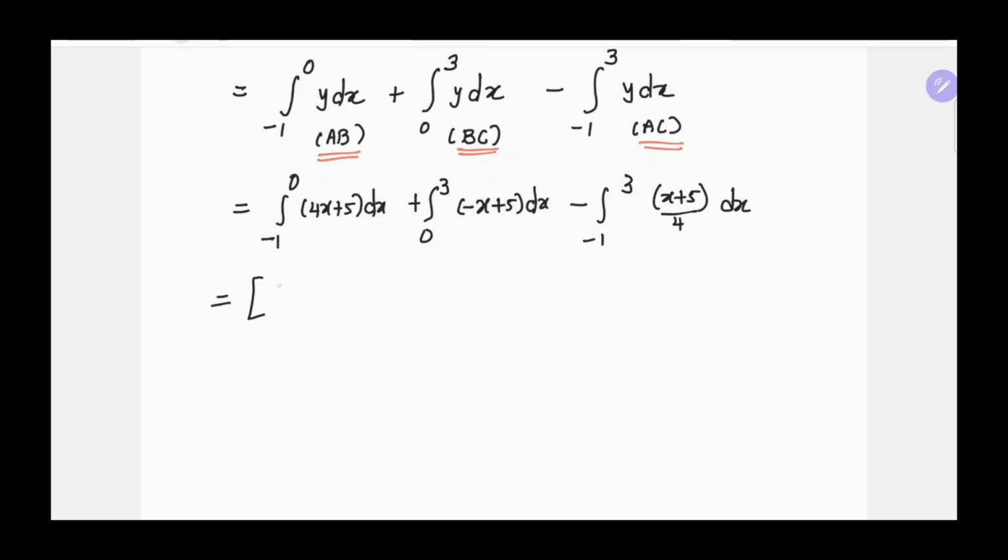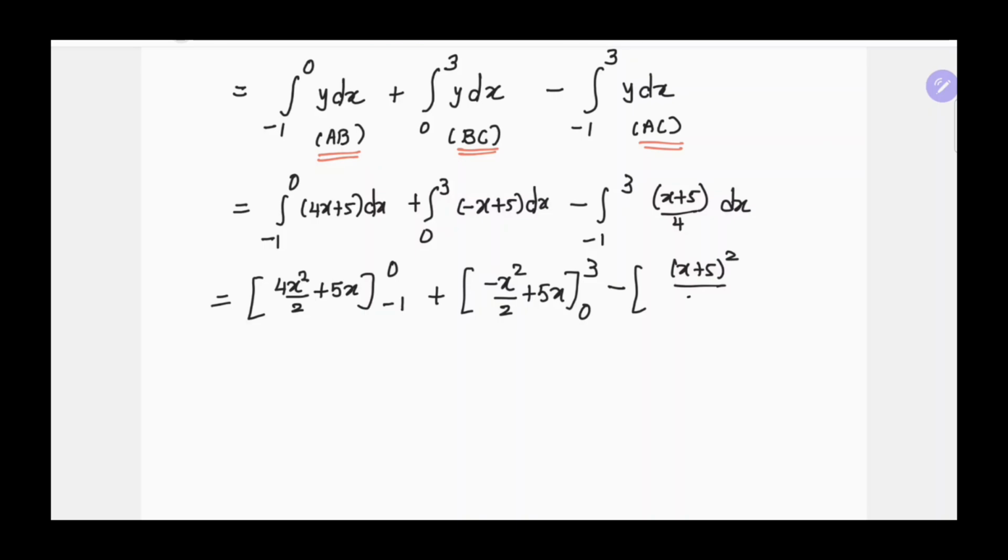So the integral of x is x square by 2, plus integration of 5 is 5x, from -1 to 0, minus x square by 2 plus 5x from 0 to 3, minus (x plus 5) whole square divided by 8, from -1 to 3.